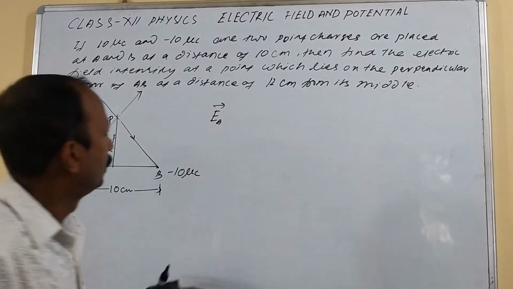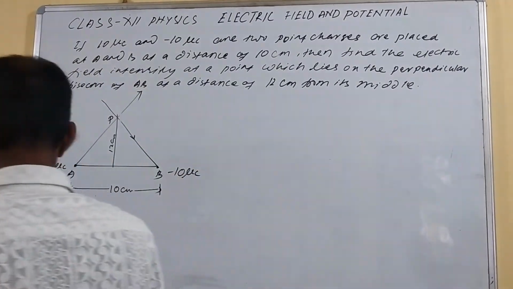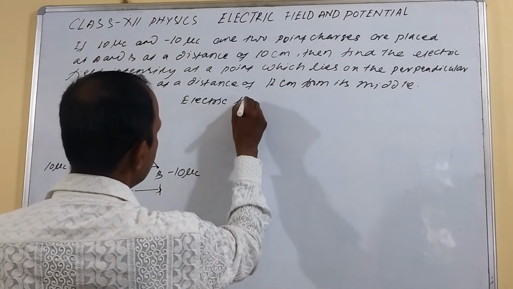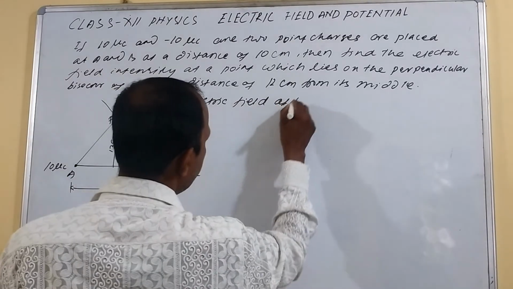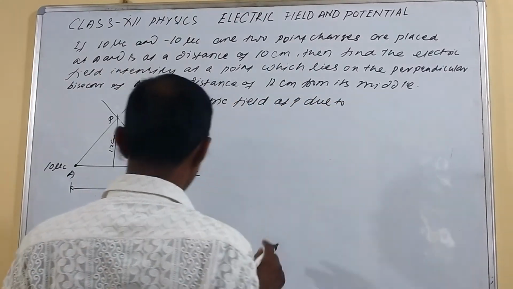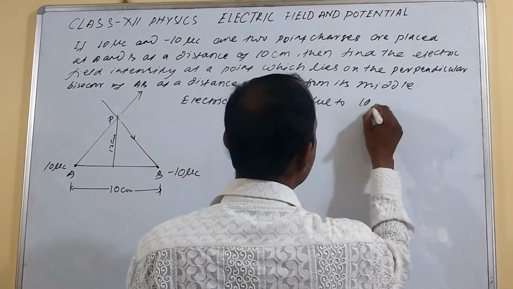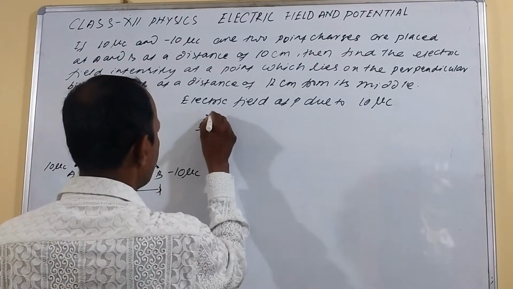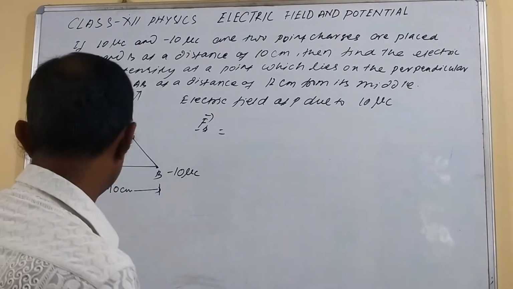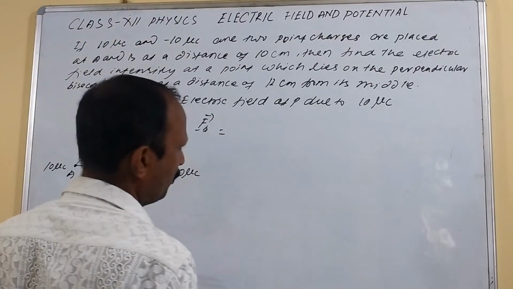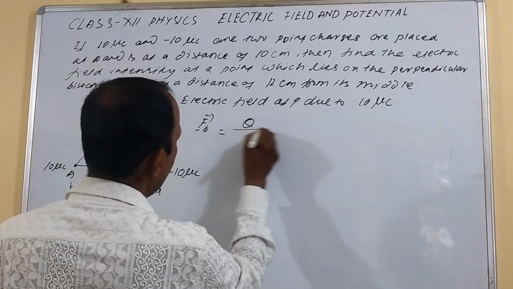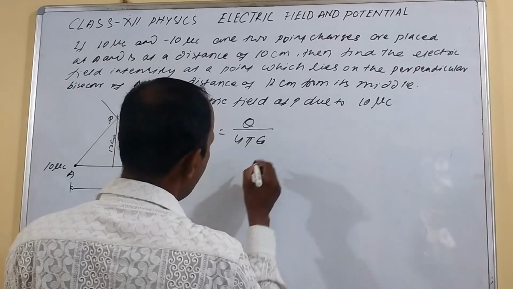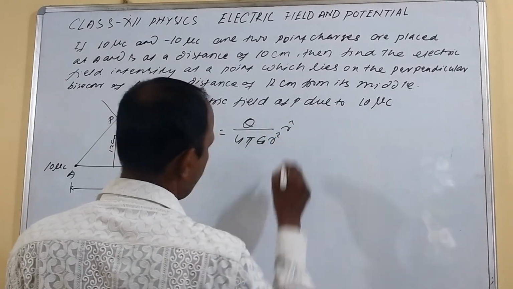So I can write, electric field at P due to 10 microcoulomb is equal to the formula. What is the formula? Q upon 4 pi epsilon naught r square, r vector.